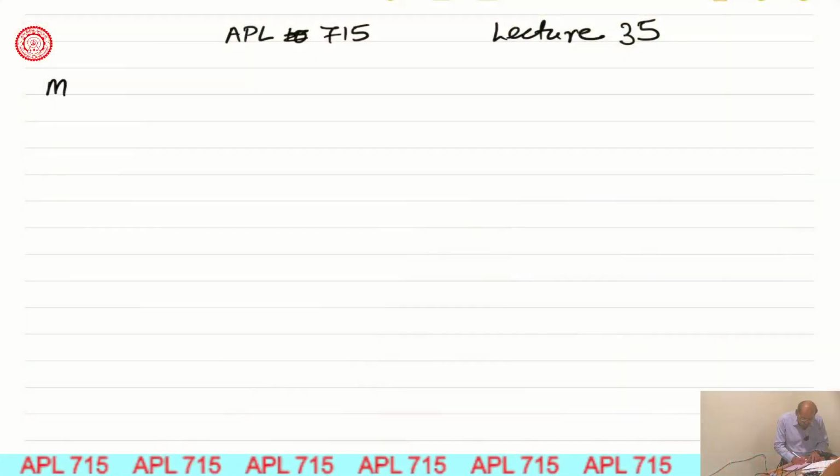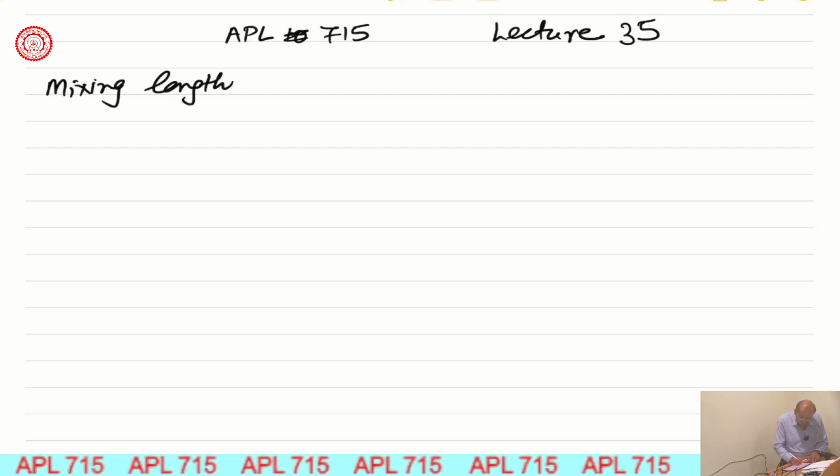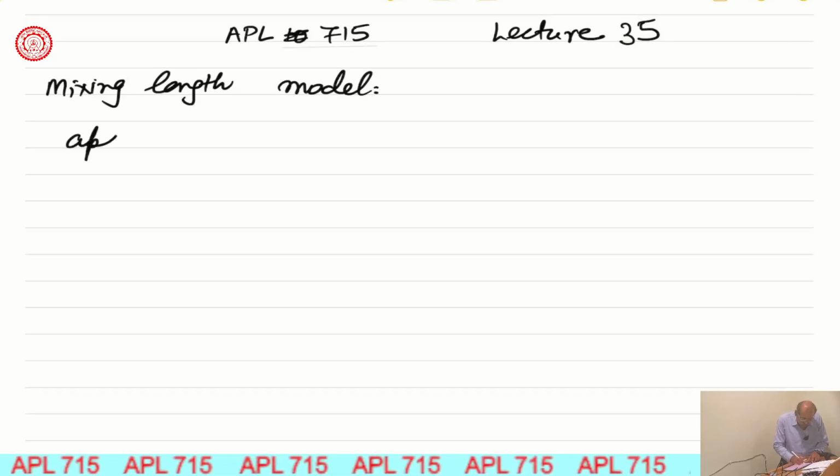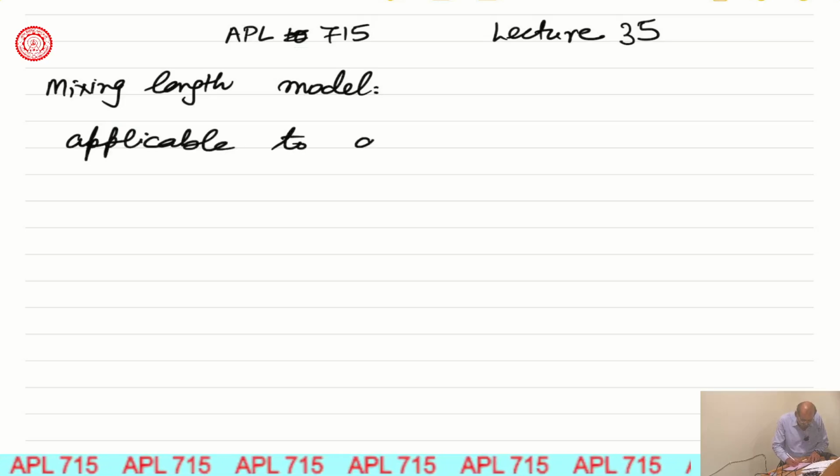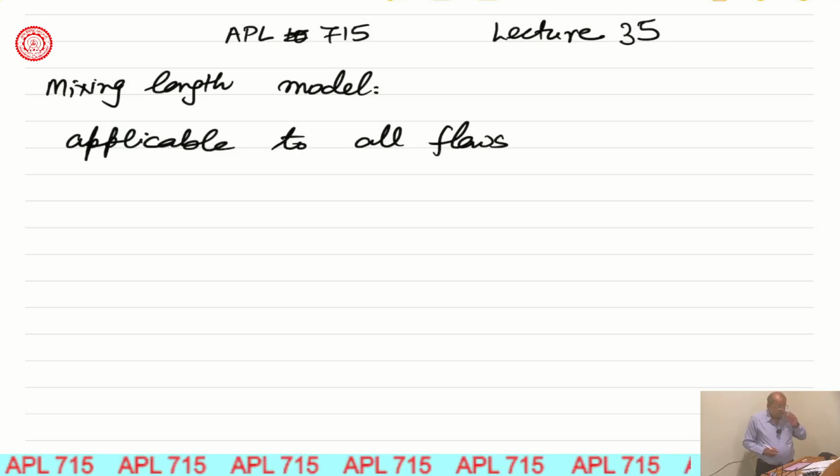We had discussed the mixing length model. One advantage of the mixing length model is that it is applicable to all flows.